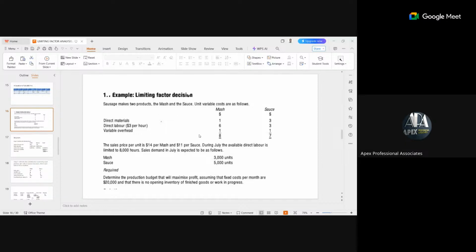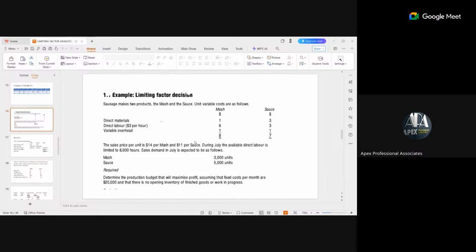For source, in total is $7. Now, to get the contribution per unit, it's selling price minus variable cost. For mesh, it's 14 minus 8. Unit contribution will be 6. For source, it's 11 minus 7. The unit contribution will be 4.